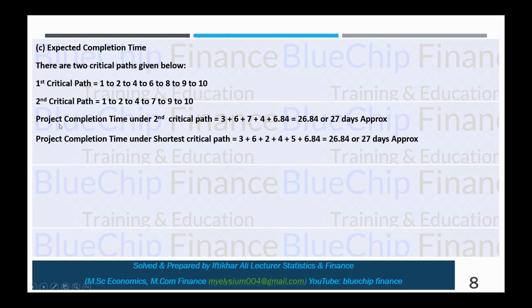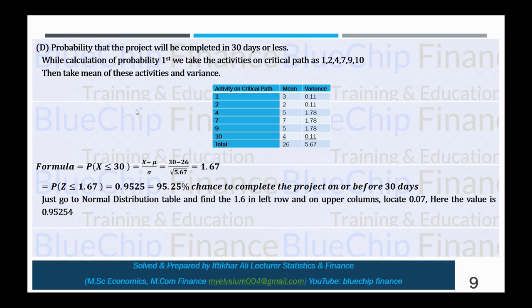So for one possibility, if we follow this path, then the time to complete this work is 3 plus 6 plus 7 plus 4 plus 6.84, which is 26.84, or approximately 27 days. So that is your critical path.